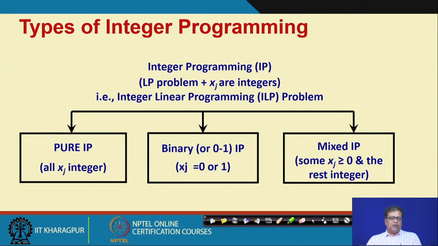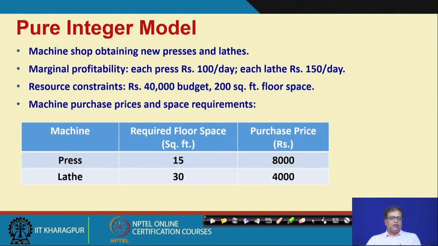So, as you can see, all of these are special classes of problems, because while we have very powerful simplex algorithms available for solving linear programming problems, the moment we have integer programming considerations, whether pure or binary or mixed, the solution becomes difficult, because we just cannot use the simplex solutions the way we know, right. We may have to either modify or use some other methods. So, let us see some examples.